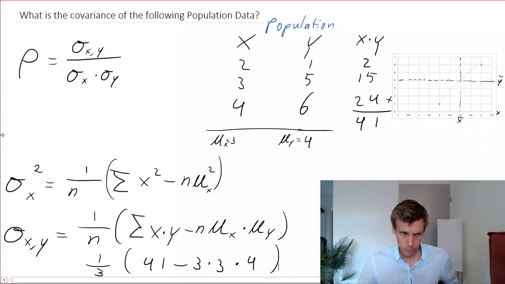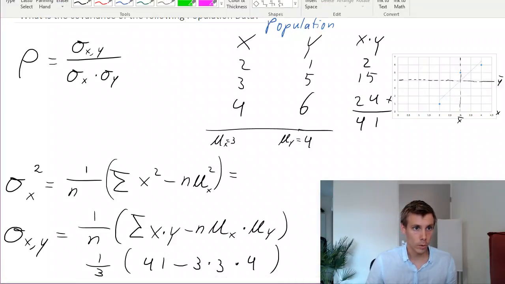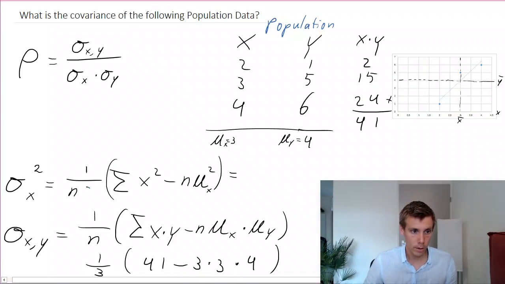Next, I'm going to calculate the variance of x. We need a standard deviation, but first the variance, and we'll take the square root. So 1 divided by n, which is 3 in this case again, equals 1 divided by 3.